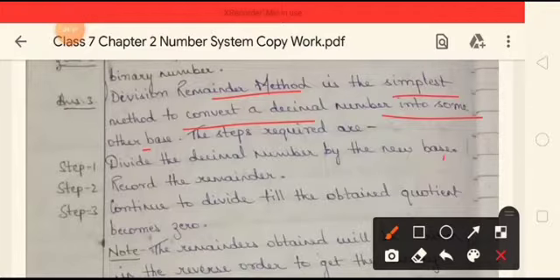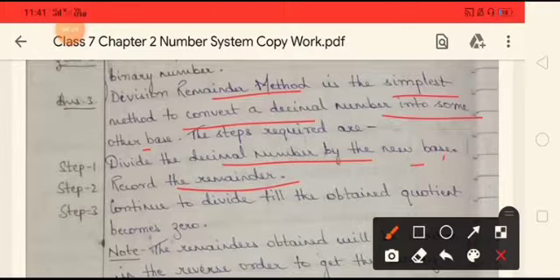So what are the steps required? First, divide the decimal number by the new base. You have to divide the number that you want to convert by the base into which you are converting. Second, record the remainder.